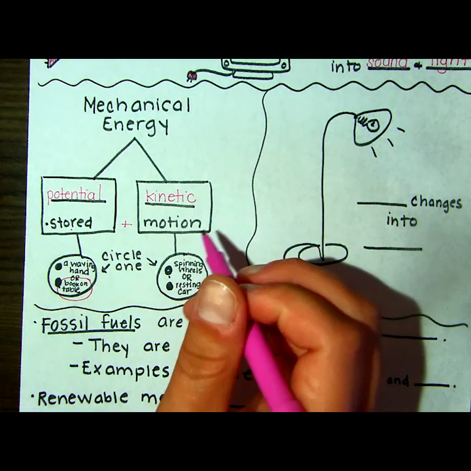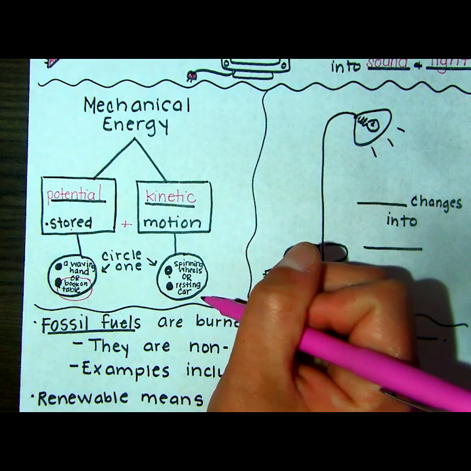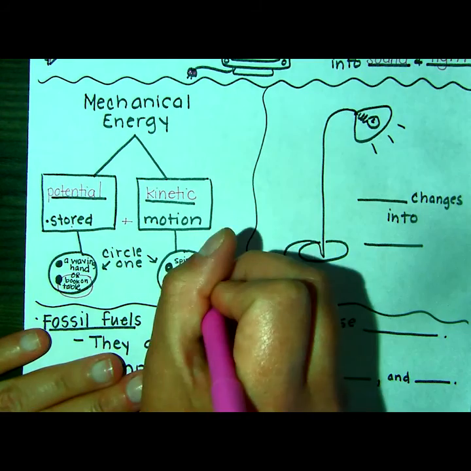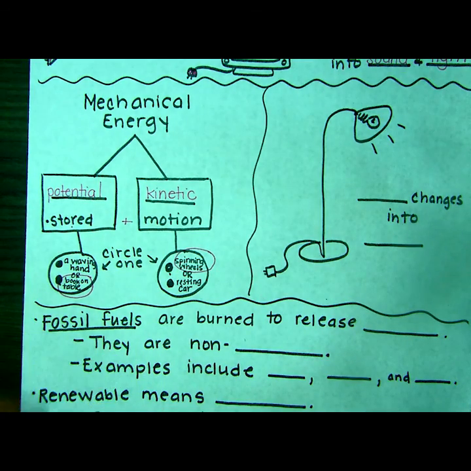So an example of kinetic energy, let's see here. Is it going to be a car that is resting or sitting in place, or spinning wheels? Well, obviously, if it's in motion, then we're referring to the spinning wheels.